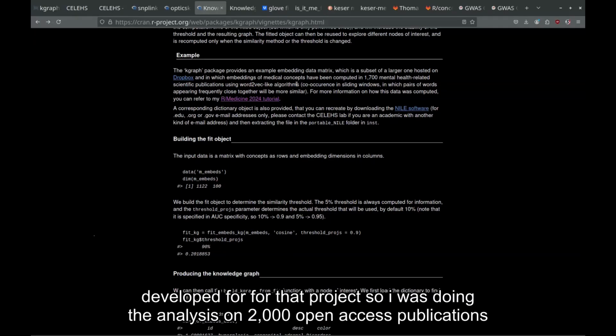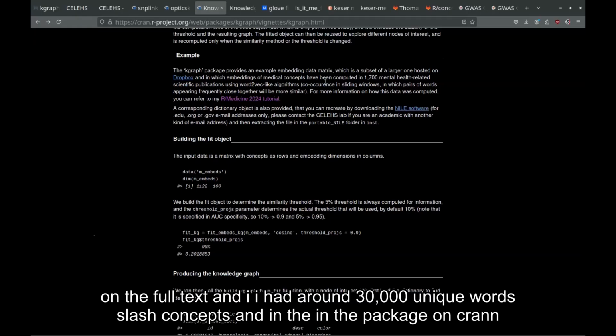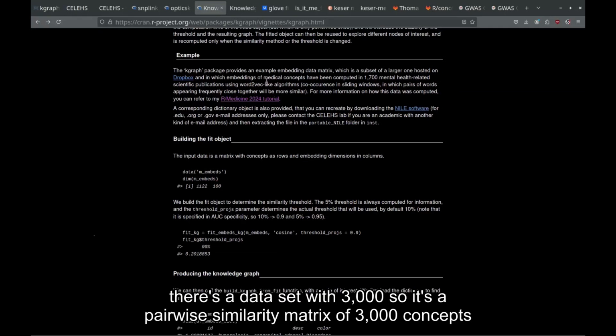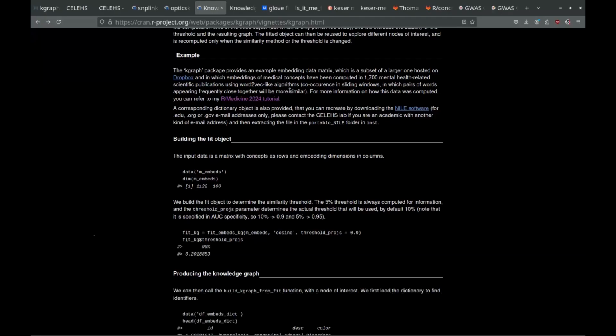I was doing the analysis on 2,000 open access publications on the full text, and I had around 30,000 unique words slash concepts, and in the package on CRAN, there's a data set with 3,000.